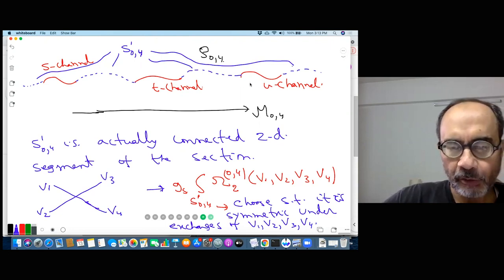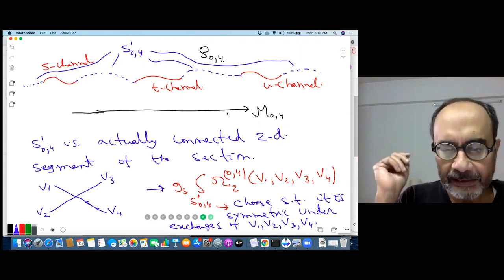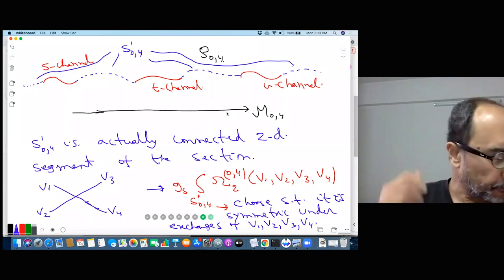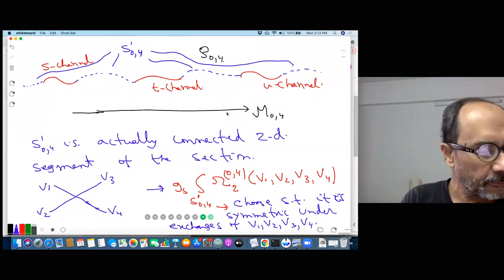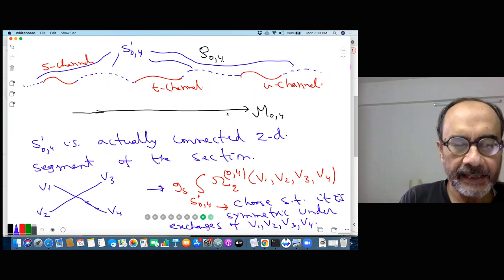They permute into each other, because that's the way you have to construct a 3-point function. But for the 4-point function, you have to make an effort to make sure that this contact diagram is symmetric. Is this clear? Are there questions?